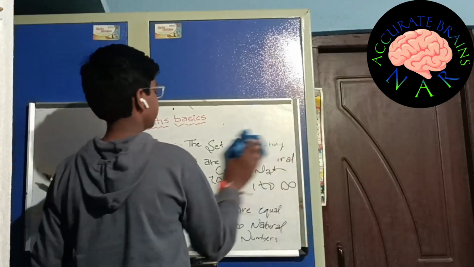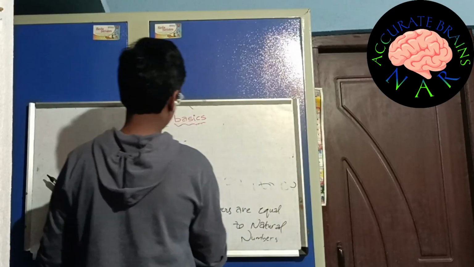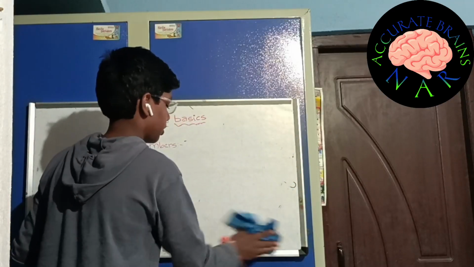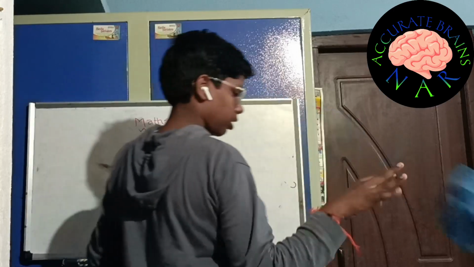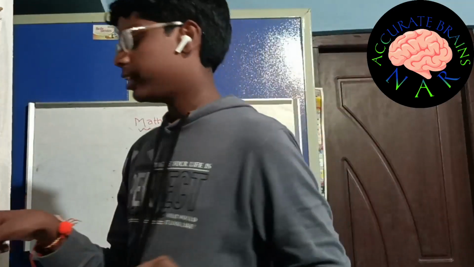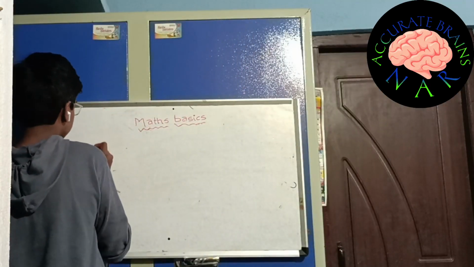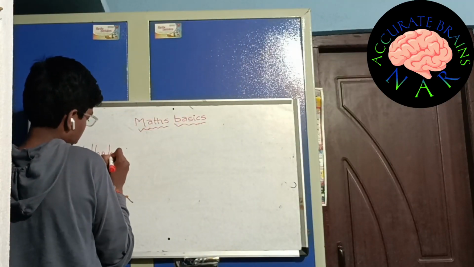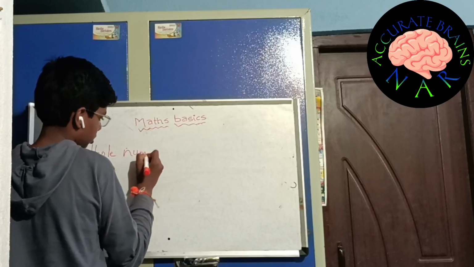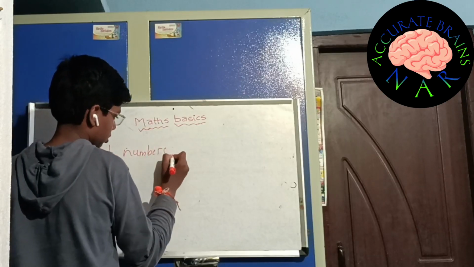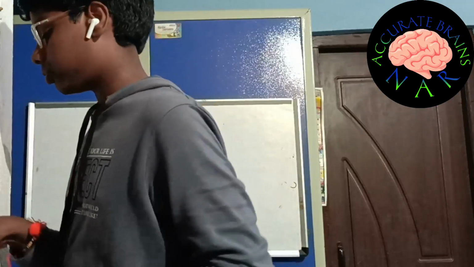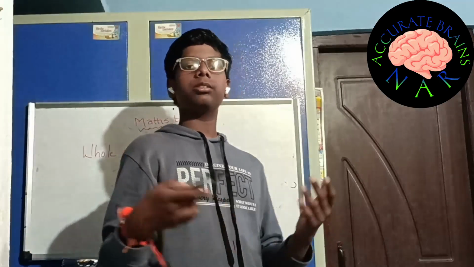Next we are going to learn whole numbers. Math basics is a very easy topic, so we can learn whole maths, whole numbers. Whole numbers are nothing but the set of counting numbers including 0.